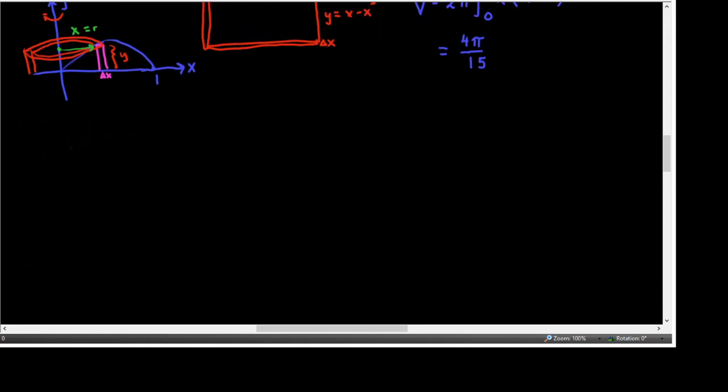Find the volume of the solid obtained when the region between y equals x squared minus 4x and y equals 4x minus x squared is revolved about the line x equals 10.